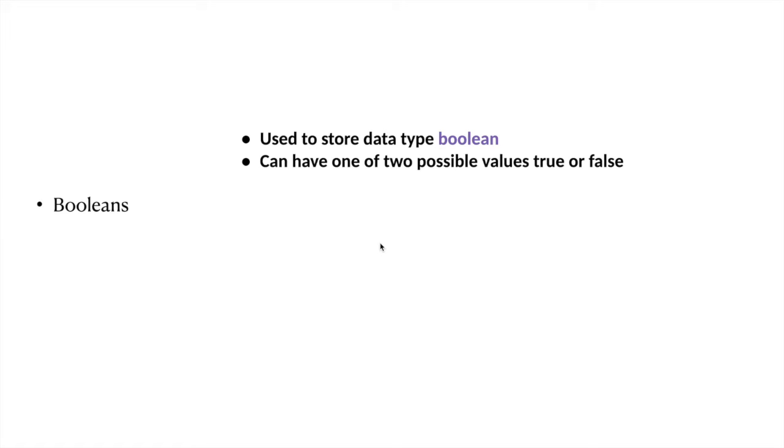The other is Booleans. Booleans are data types, and they are defined as boolean in Java, and it has two values, true or false, and these are usually a result of relational operations.